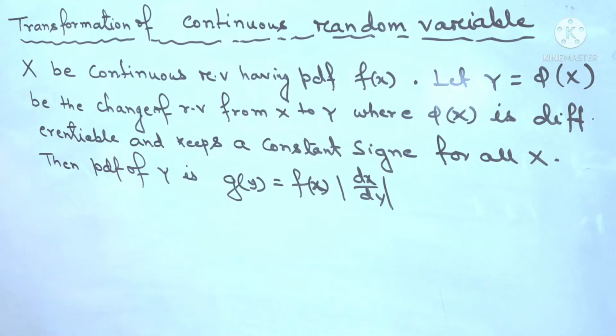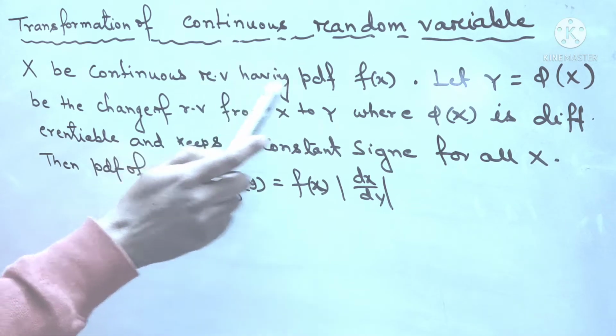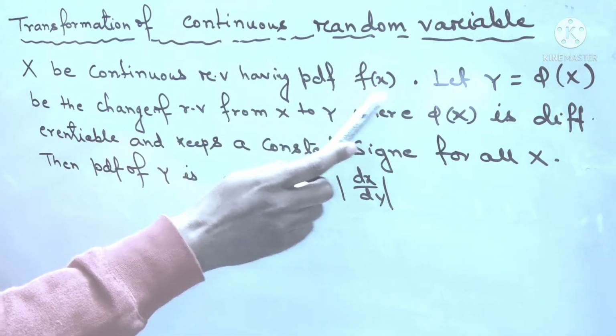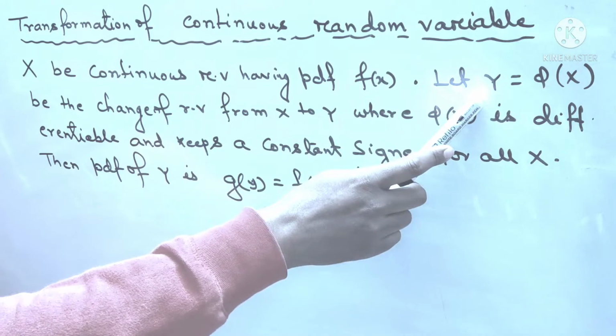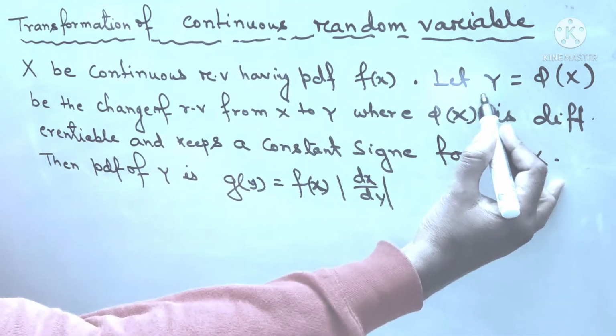And the transformation law is this: if capital X is a continuous random variable having PDF f of x, and let capital Y be equal to phi of capital X. This is the transformation of random variable.